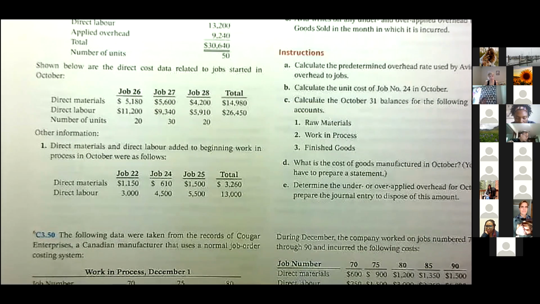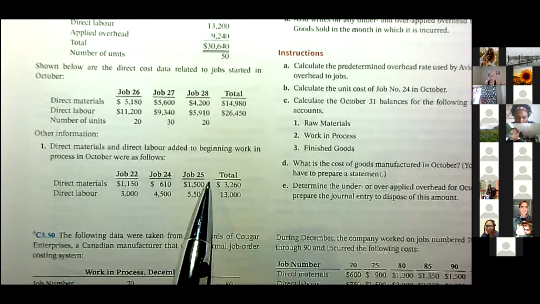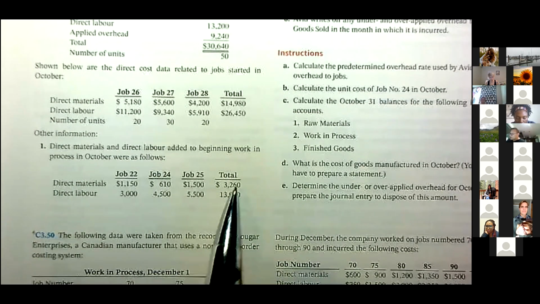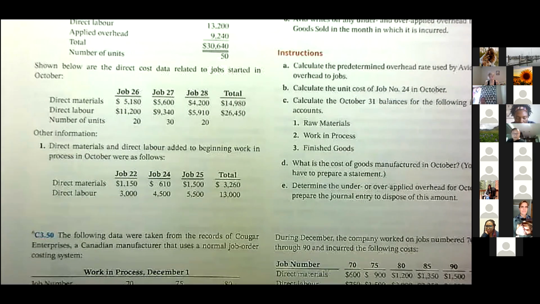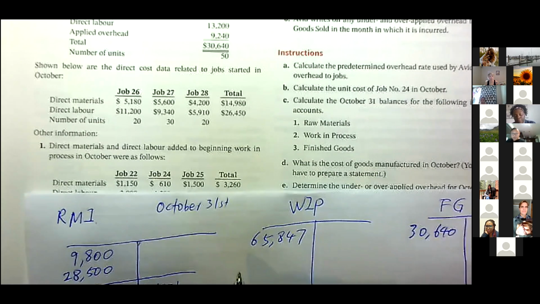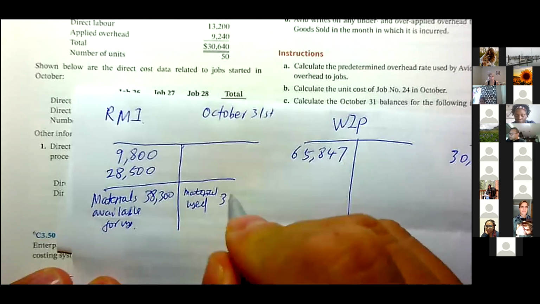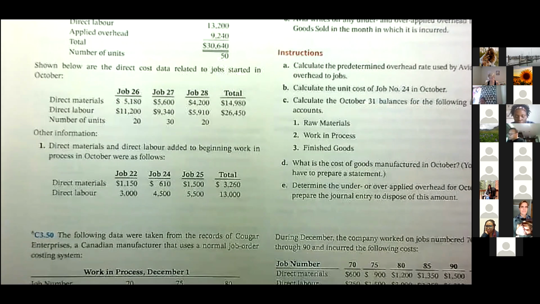In October, what information do we have? For jobs 22, 24, 25, the materials used in October is this amount, 3,260. And they started some other jobs, right?